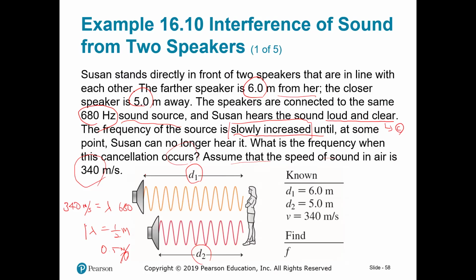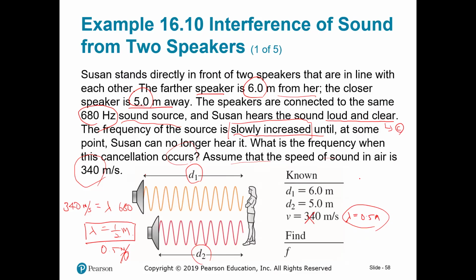So this is the first fact we have now. Instead of velocity, we now know lambda is 0.5 meter, right? So then now you see the speaker 1 and speaker 2 are 5 and 6 meters away. What does that mean?